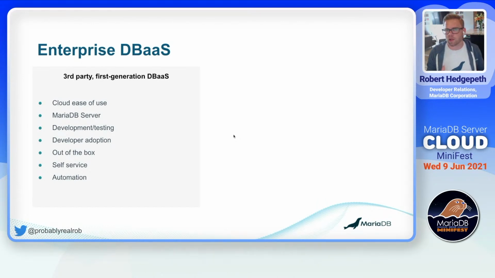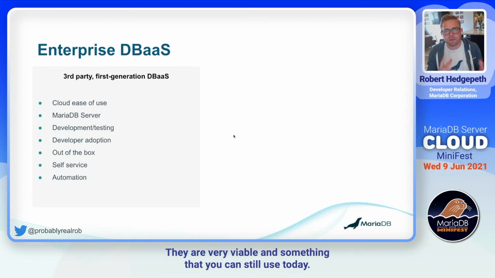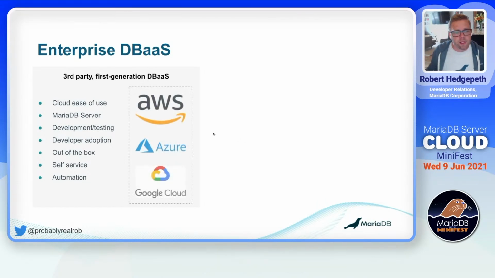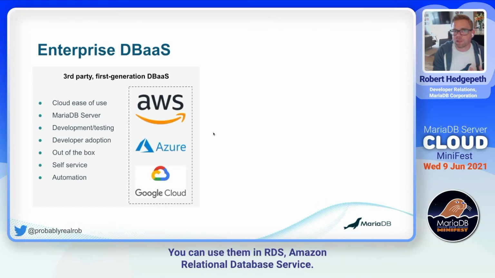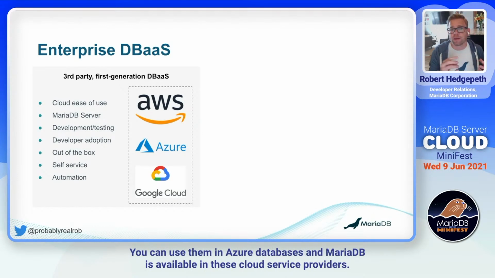They're very viable, and it's something that you can still use today. You can use them in RDS, so Amazon Relational Database Service. You can use them in Azure databases. And MariaDB is available in these cloud service providers.